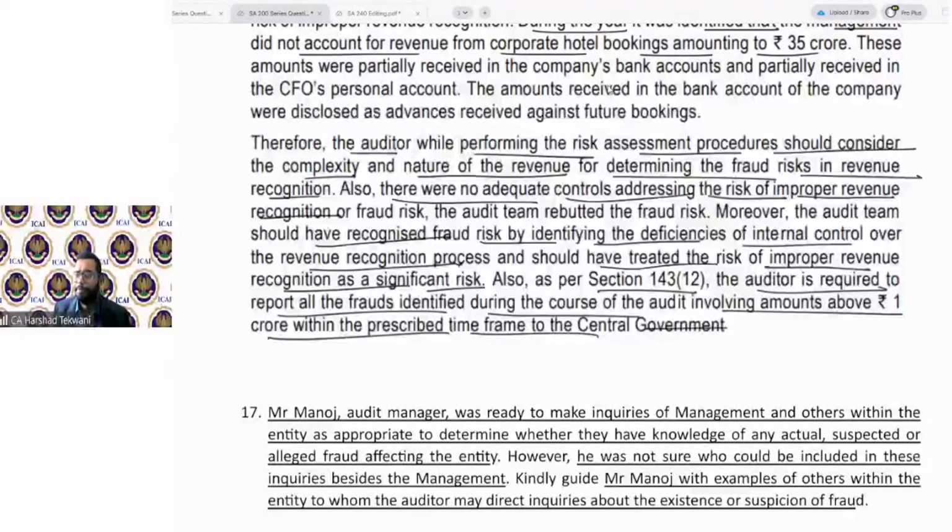Come on, guys. Pretty easy. I just need to identify the persons other than the management within the organizations with whom I can conduct the inquiries.